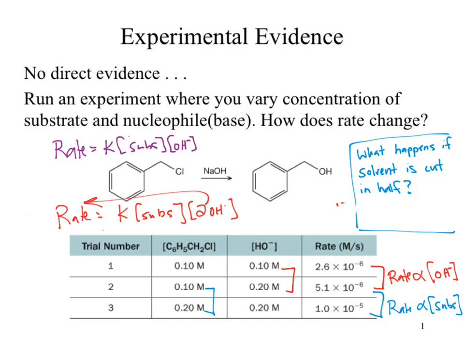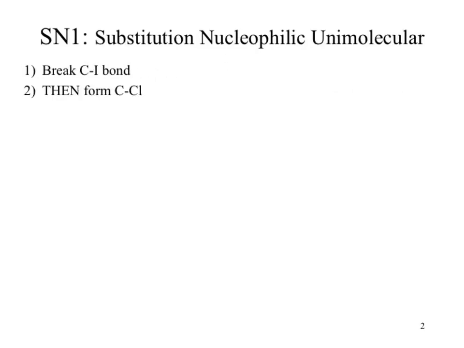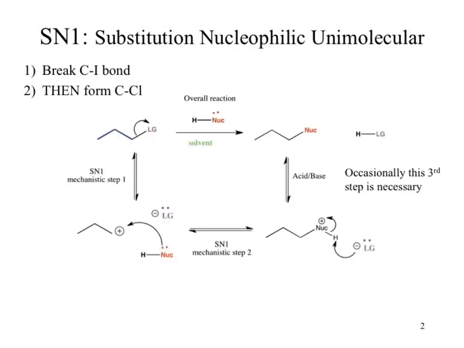Okay. So, now that we know we have these two mechanisms, let's look at them again in more detail. In theory, these reactions match up. So, when we're looking at our SN1 reaction, we're tying two things. We're breaking a leaving group bond, and then we're forming a new bond, our bond to our nucleophile.